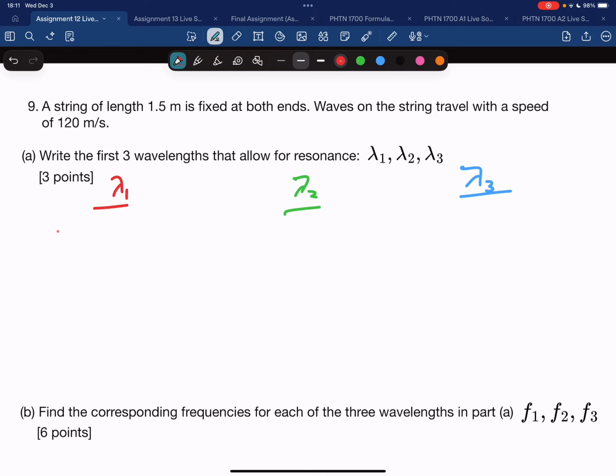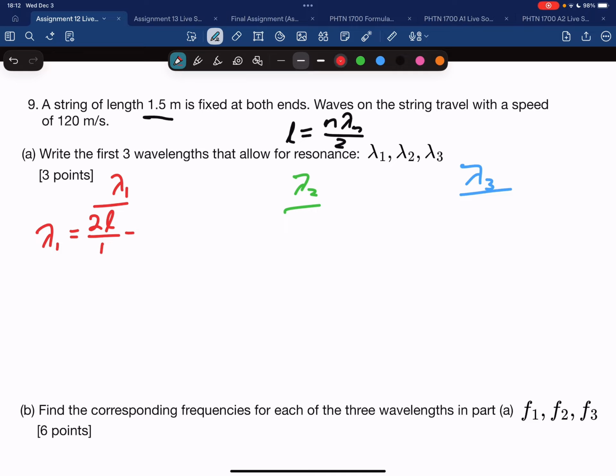From our resonance formula of L equals n lambda n over 2, I can rewrite that as lambda 1 equals 2L over 1, where L is equal to 1.5 meters. So this is equal to 2 times 1.5. So lambda 1 is equal to 3 meters.